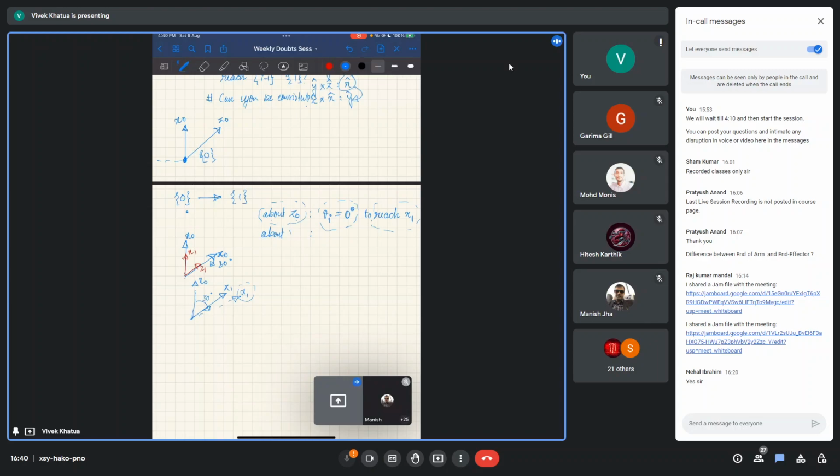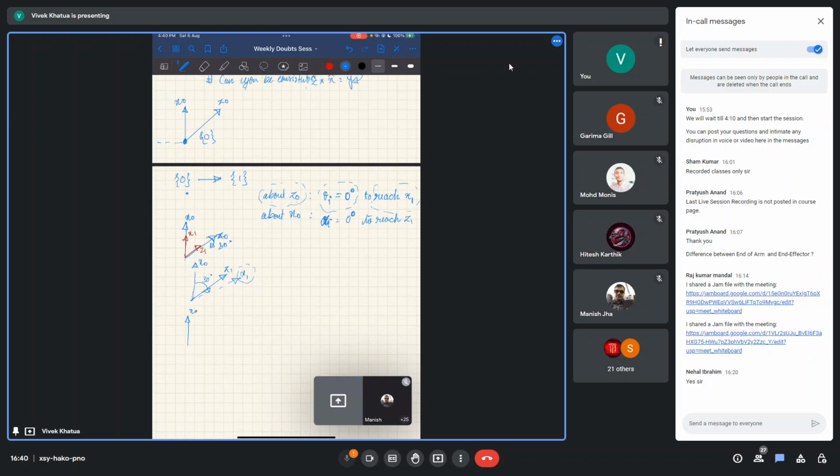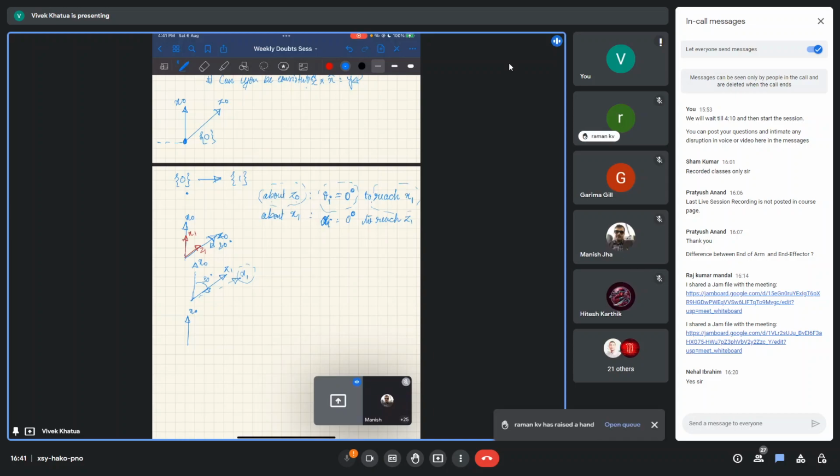And about x0, alpha, I do 0 degree rotation to reach z1. Now about the transformed axis: after I have done the z axis rotation, I get my x1.